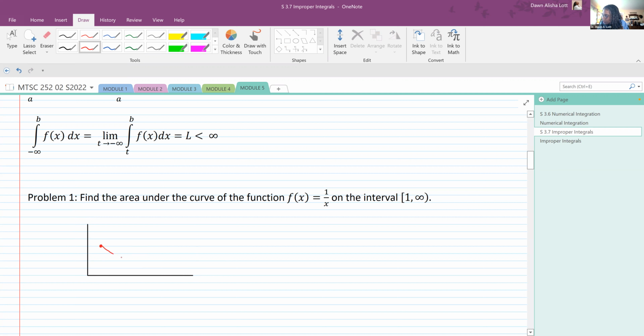And then it decreases as x gets bigger. So we want to find this area, which is the area underneath the curve. And this is just going to keep going.